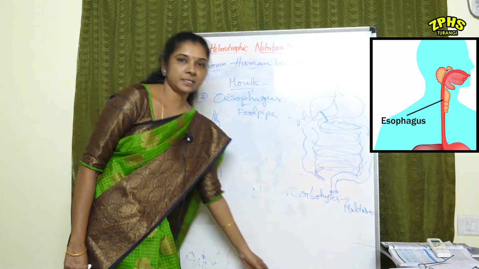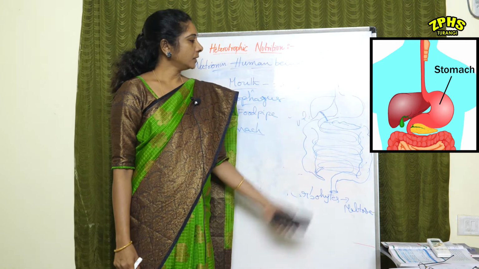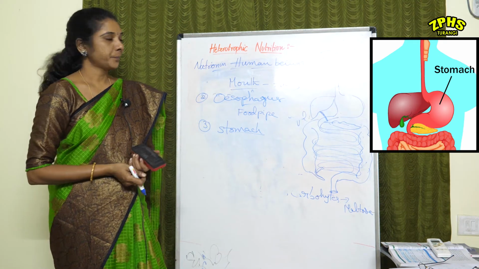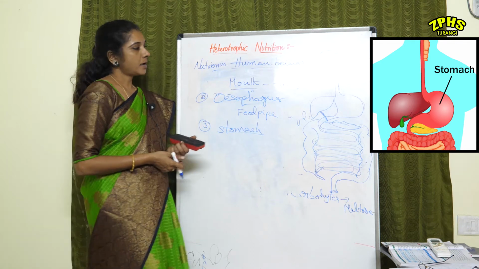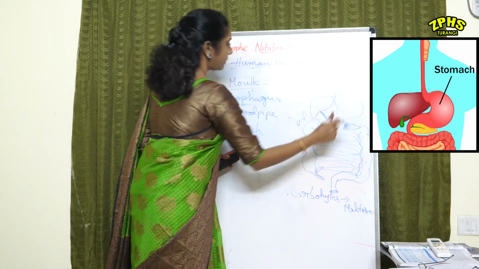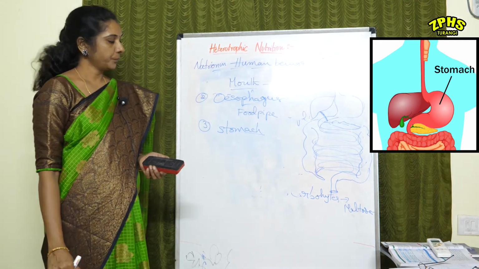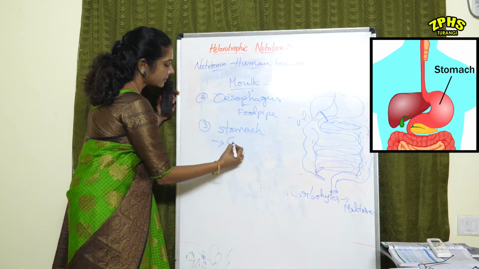So the next part is the stomach. Generally you see the part here, it is like a sack. So we can store the food for some time in the sack, and it contains so many muscles, so it is helpful for grinding the food also. The stomach contains some gastric glands.